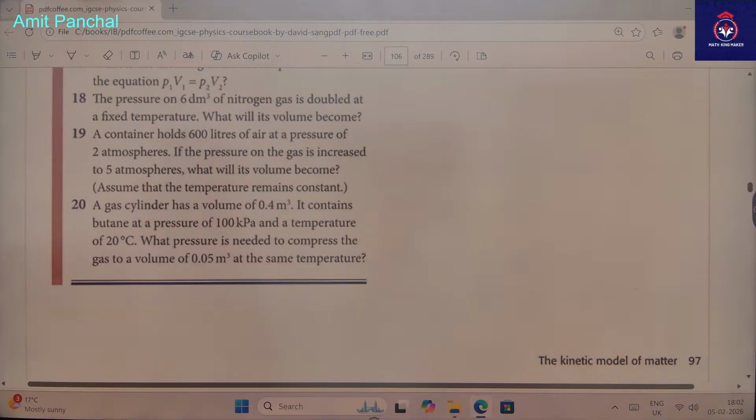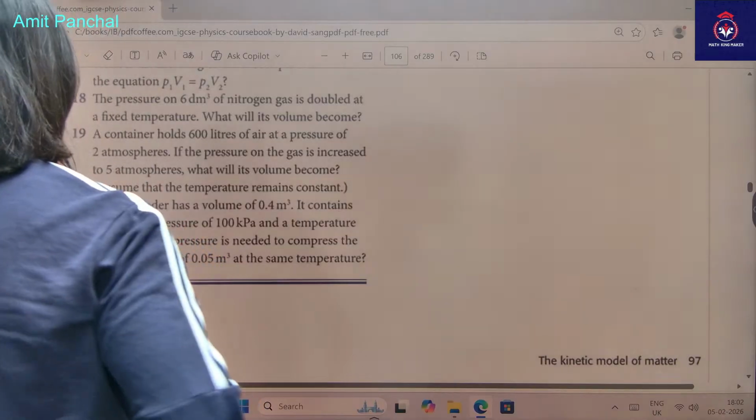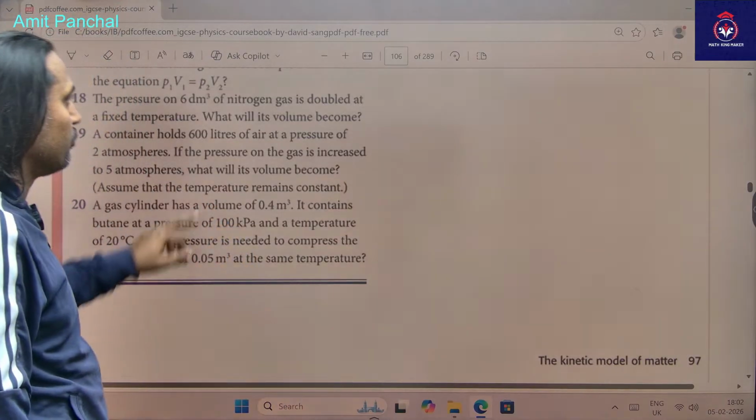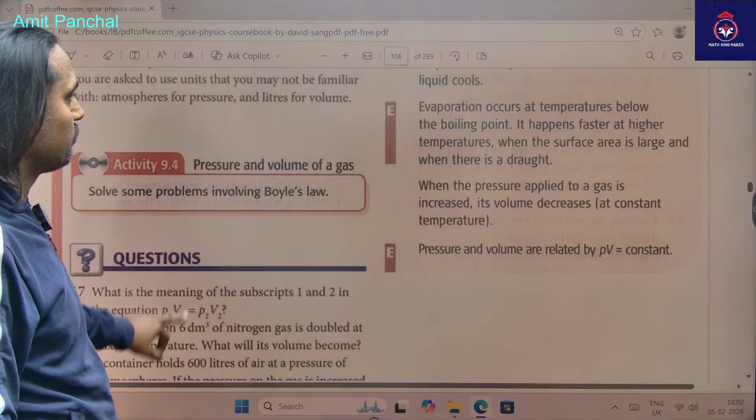Okay, good. So you got it now? Yes, sir. How we calculate by Boyle's law? Yes, sir.